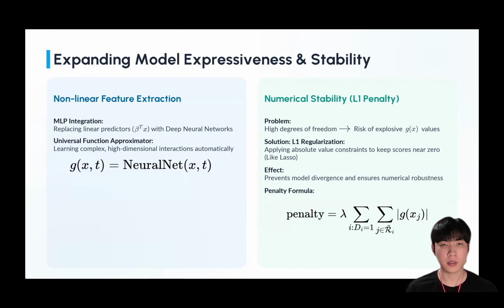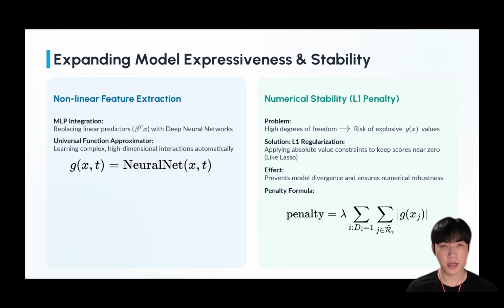To expand model expressiveness, the authors replaced the linear predictor with an MLP. However, the high degrees of freedom of neural networks can lead to numerical instability when passed through the exponential hazard function.